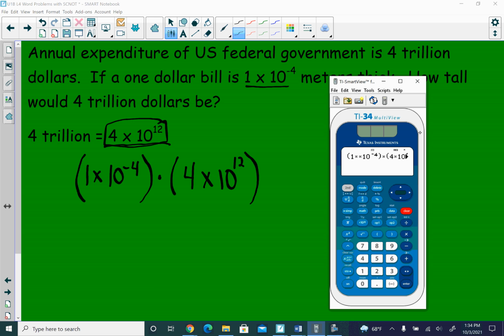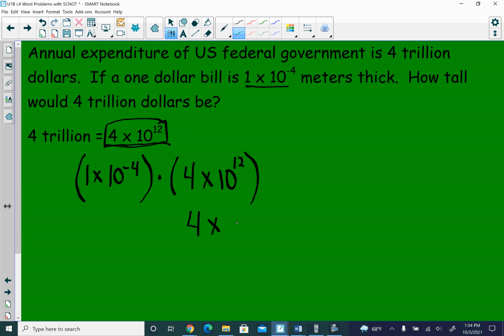Let's go back and see what I did. I have 2 multiplication signs in there. If I hit clear when there's a syntax error, remember that means that the user error, I did something wrong. It's showing me right there I have 2 multiplication signs. So I can just delete one of them. And there I got 4 times 10 to the 8th. So that would be 4 times 10 to the 8th, and I believe that is meters.